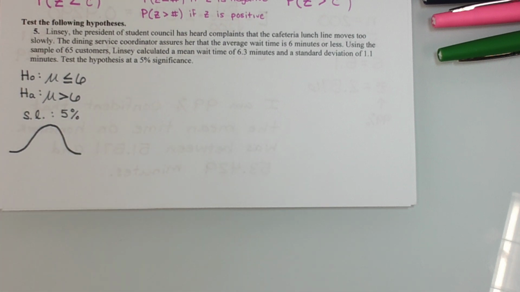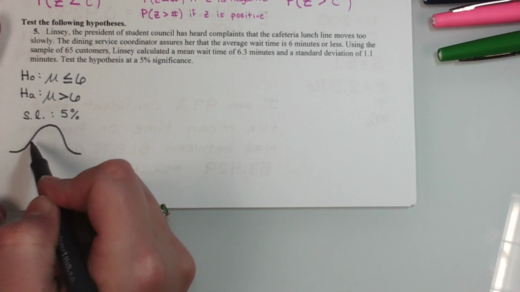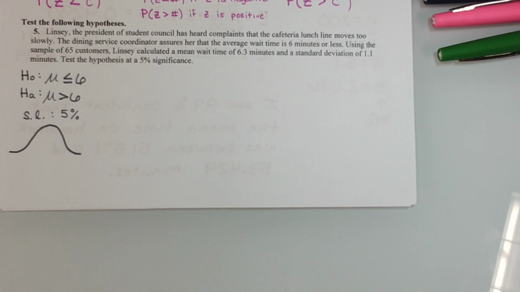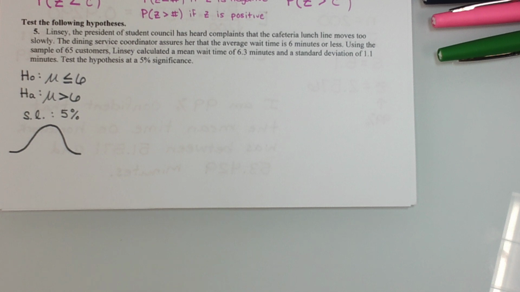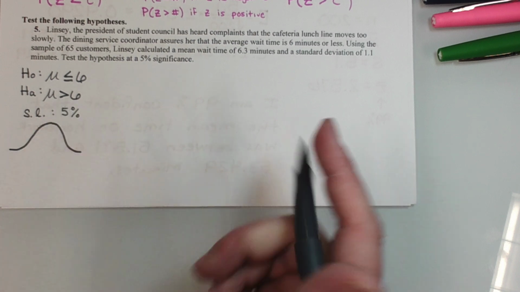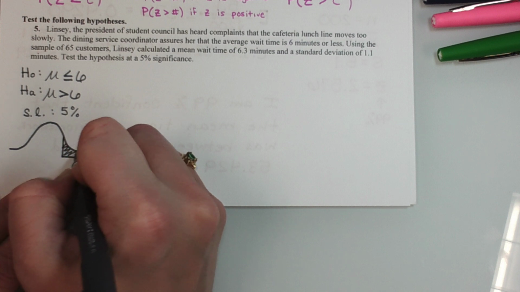That little bell curve bases itself on the alternative hypothesis. Really, all you're trying to do with this bell curve is shade a small part on the left of it, a small part on the right of it, or a small part on both. Which you do is based on where the alternative hypothesis is going to go. According to this, the alternative hypothesis is greater than, which means we want to be on the right side of the graph.